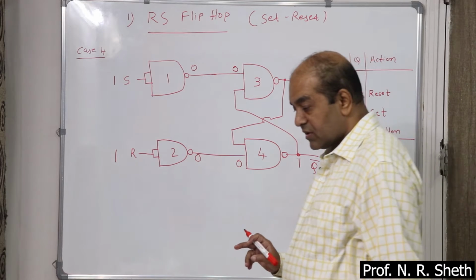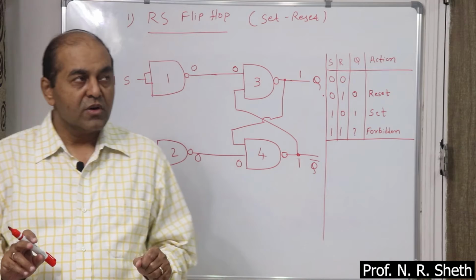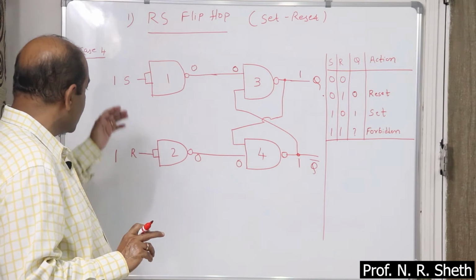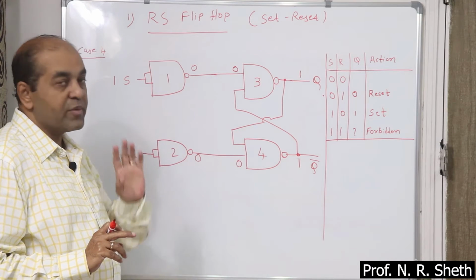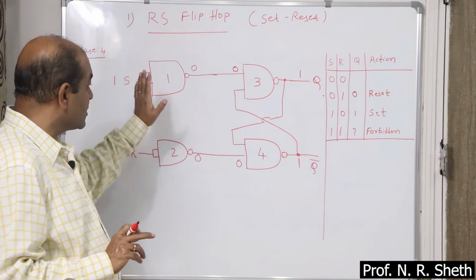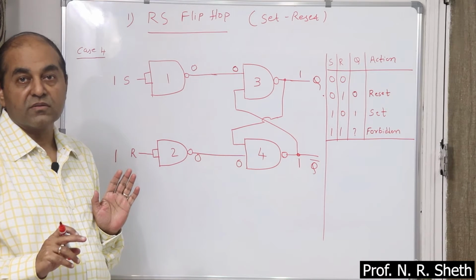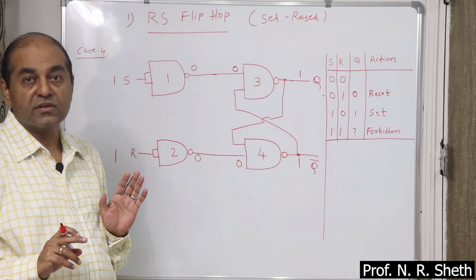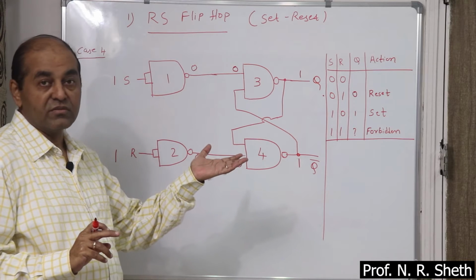So when you deal with the RS flip-flop, you should be careful that if S is 1, R is 1, it is a forbidden state. So this condition never occurs. Otherwise, your circuit is hanged, because this is an invalid condition.